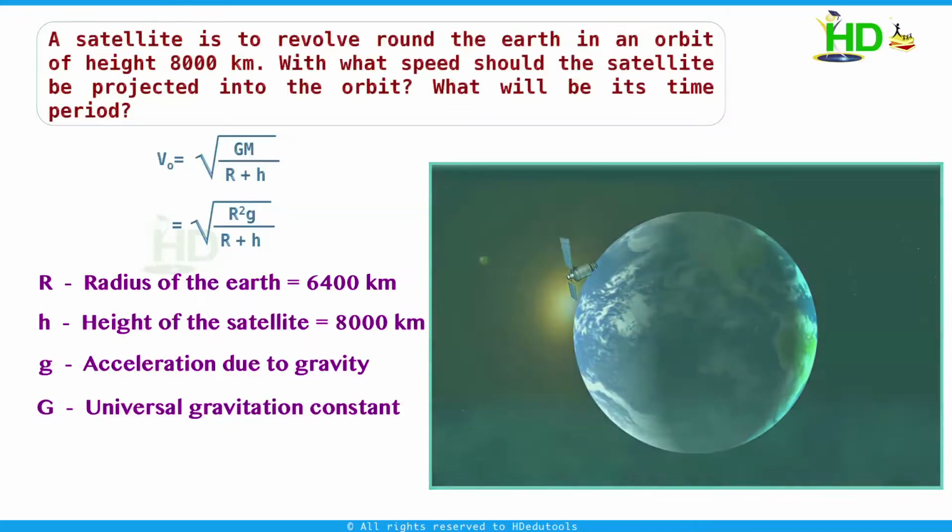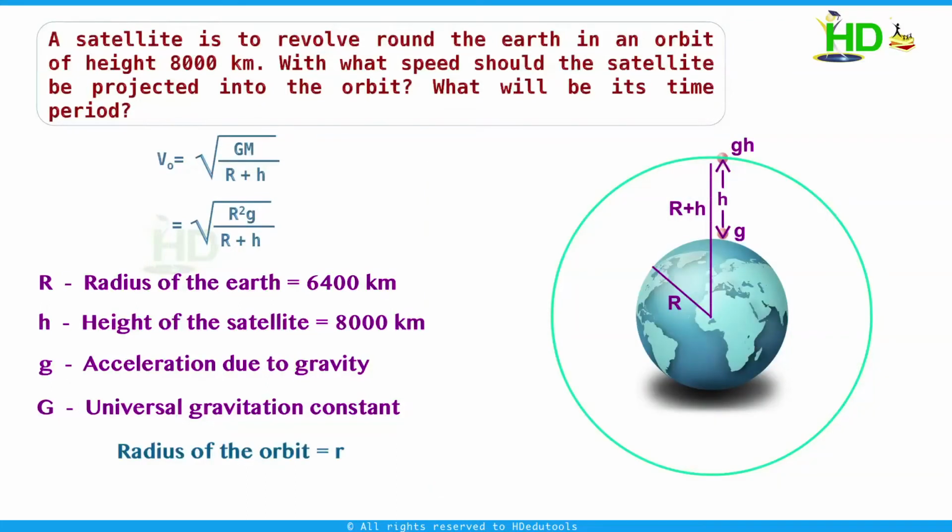In this case, the radius of the orbit of the satellite is R plus h, that is 6,400 km plus 8,000 km. Here capital R is the radius of the Earth, that is 6,400 km, and small h is the height of the satellite from the surface of the Earth.